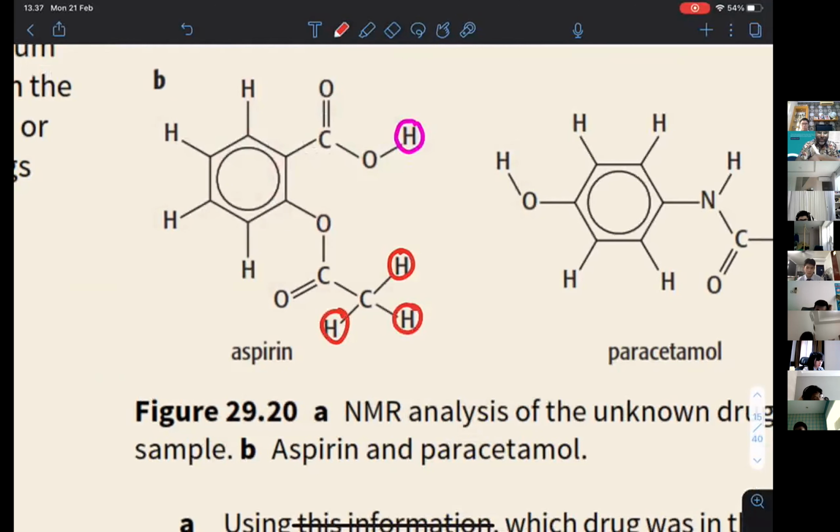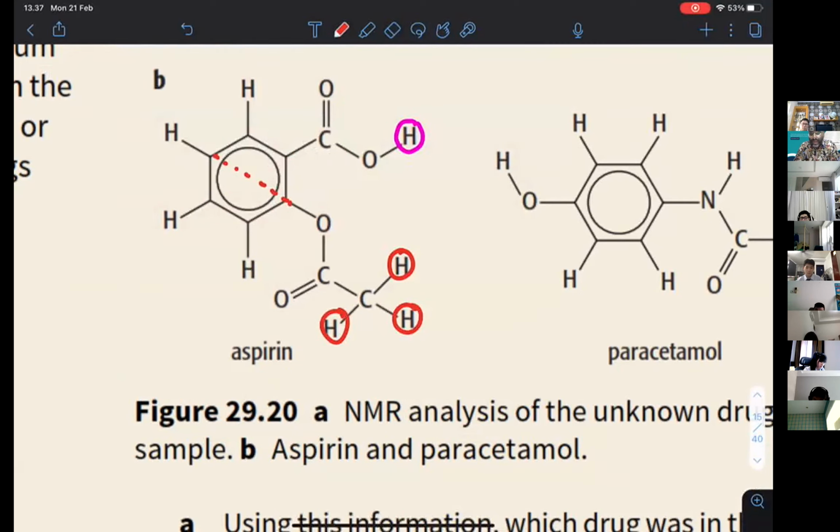Now, the moment you look at this kind of structure, remember I told you to try to form a symmetrical line. If I try to follow a symmetrical line, it's not possible. I cannot draw a symmetrical line like this. So maybe I need to draw something like this, or a symmetrical line something like this.